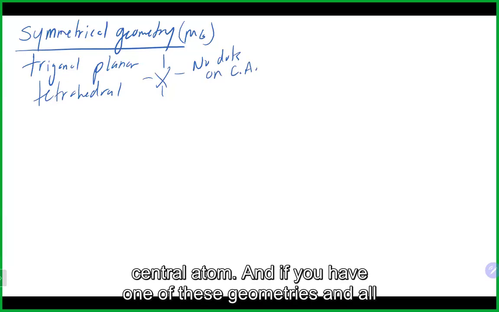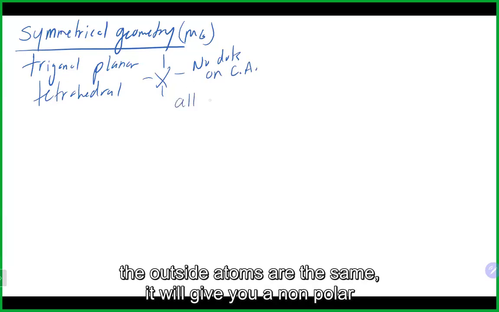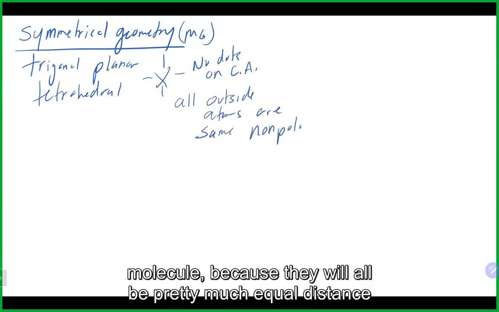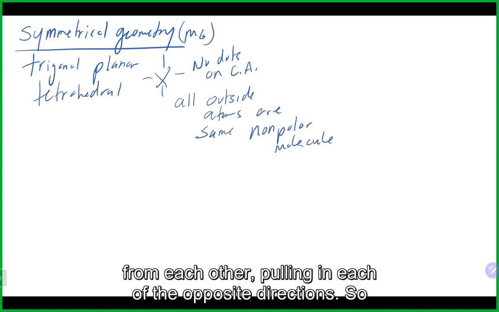And if you have one of these geometries and all the outside atoms are the same, it will give you a nonpolar molecule, because they will all be pretty much equal distance from each other, pulling in each of the opposite directions.